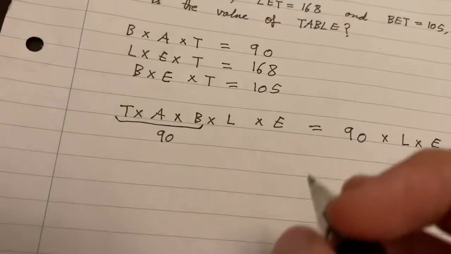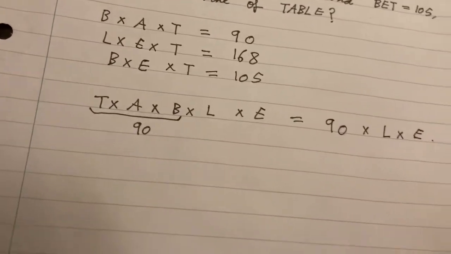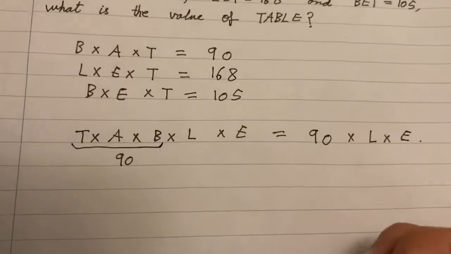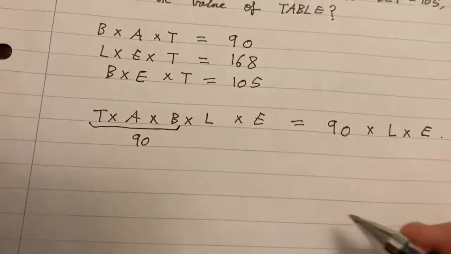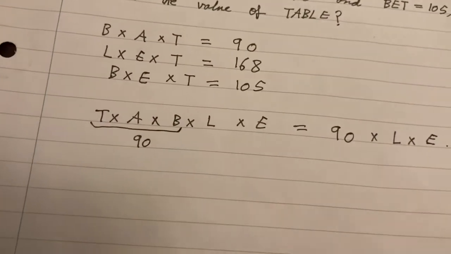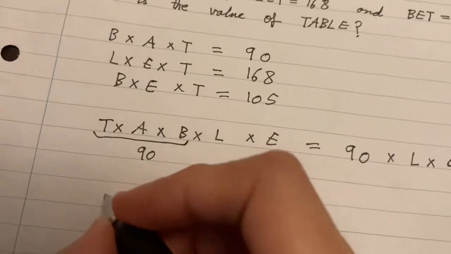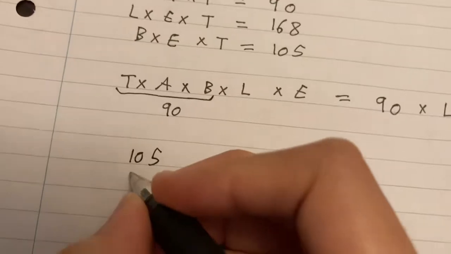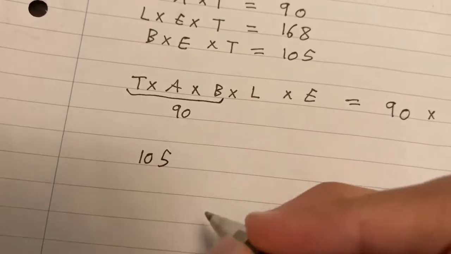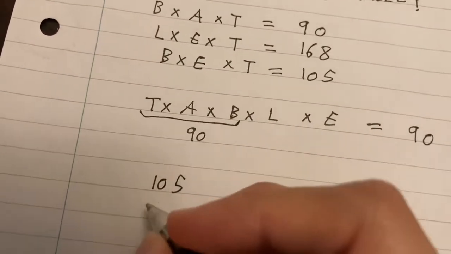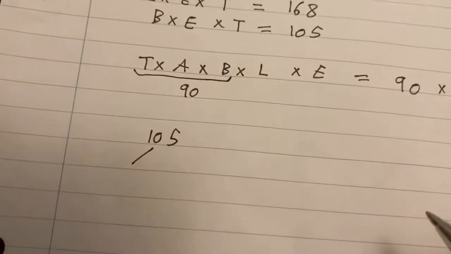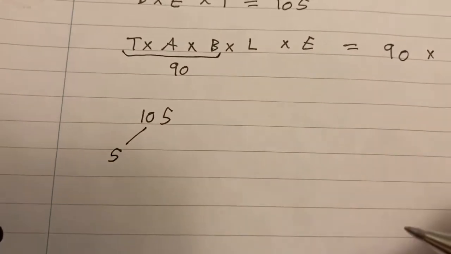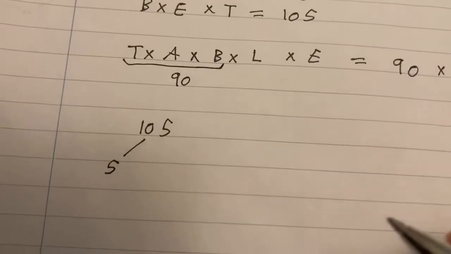Okay, so we can think of the factors of these numbers to try and figure out the values of each letter. So let's factorize 105. We can try the prime factorization method. One of the factors is 5, because any number which ends in 0 or 5 is definitely a multiple of 5.